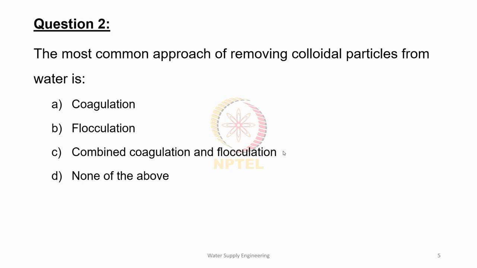So please type in your answers in the chat box. So as we saw earlier, the colloidal particles cannot be removed through simple filtration. So which one is the most common approach that is adopted to remove colloidal solid particles from water?